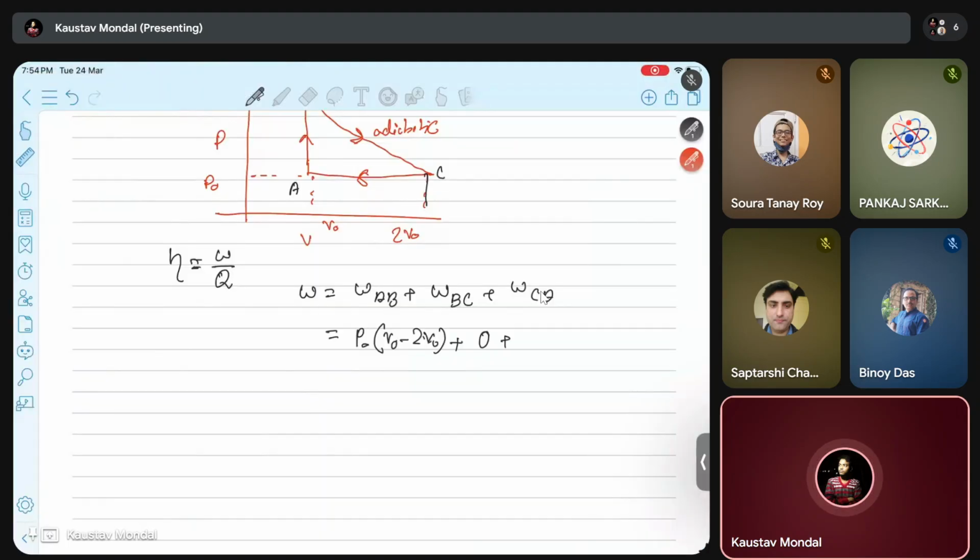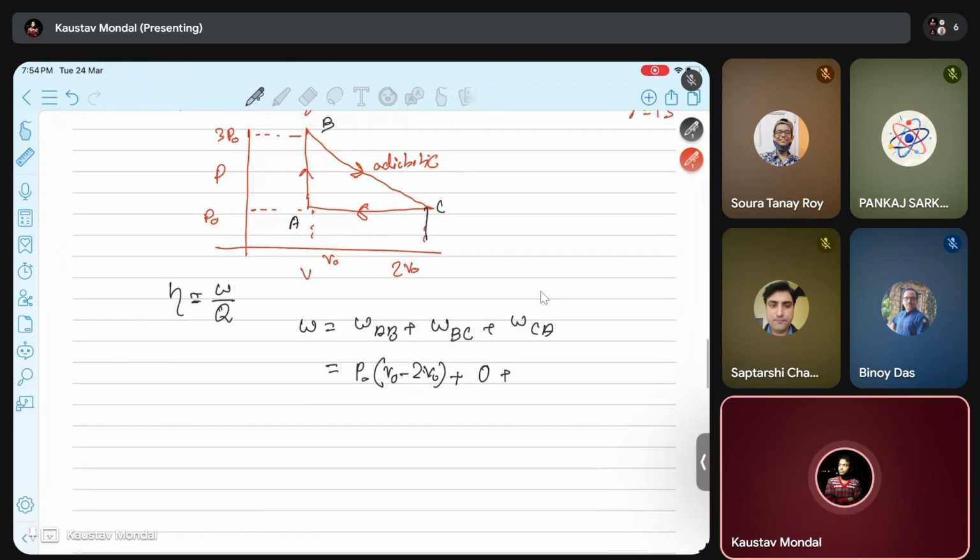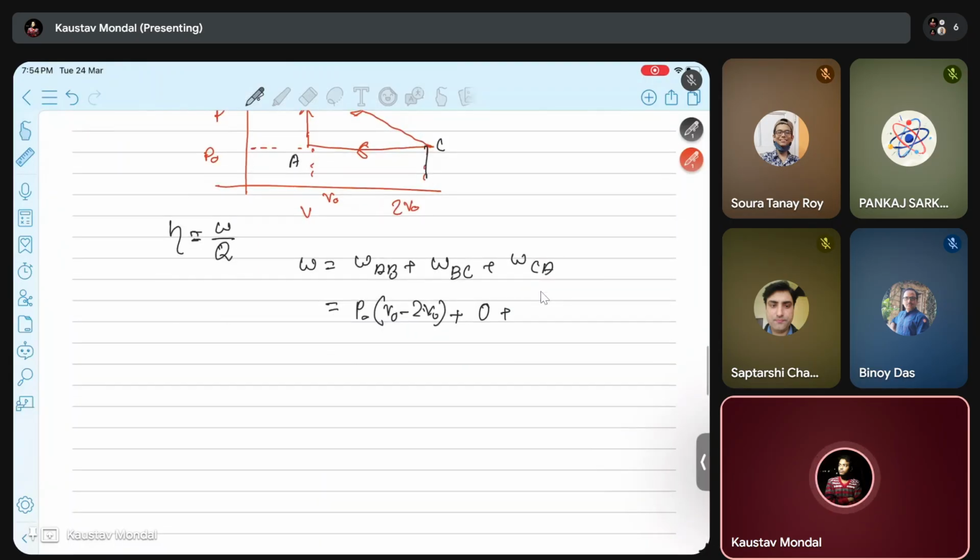And for WCA, we know this is adiabatic. So for any adiabatic process, we know the work done formula is P final V final minus P initial V initial by gamma minus 1. This is the formula for any adiabatic process that we have done in the previous classes also.